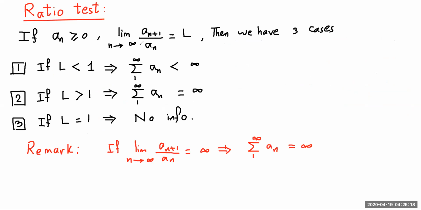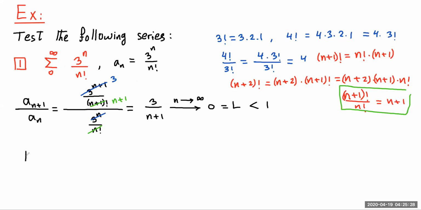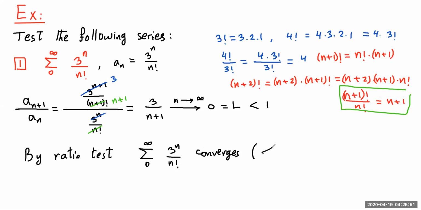Any number less than 1, so this series converges. So by ratio test, sigma 3 power n over n factorial from 0 to infinity converges, meaning it's a number less than infinity.